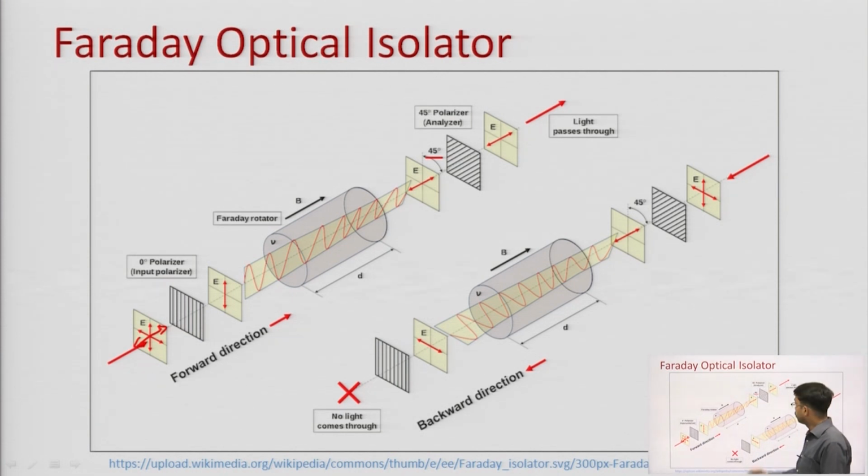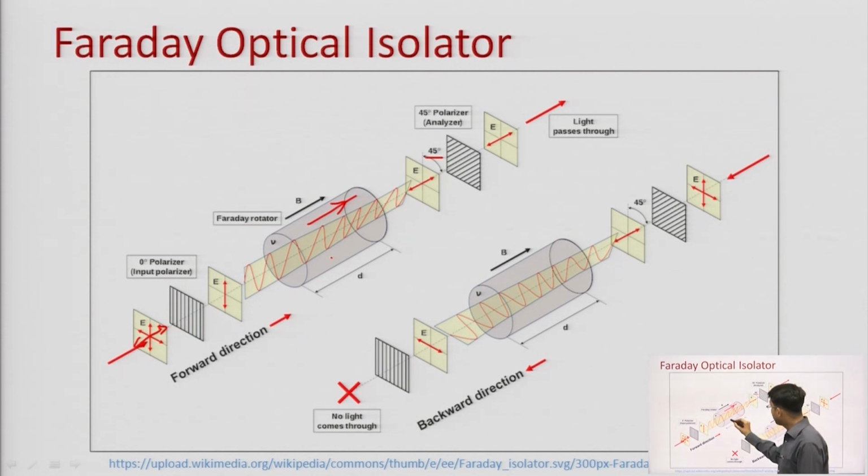Okay. So, this rotation is independent of the direction of propagation of the light ray. In this example, the light ray is propagating in this direction. So, the plane of polarization is rotating 45 degrees in this direction.